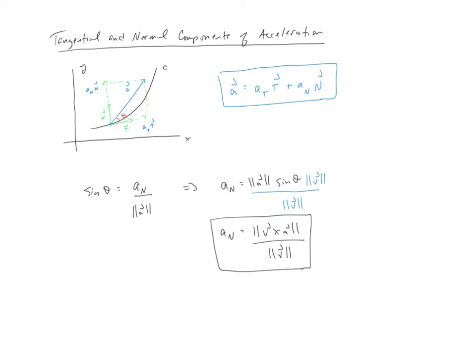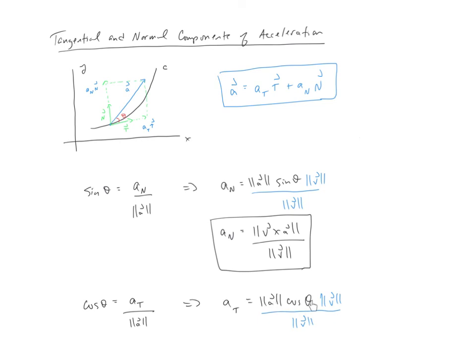Now, to figure out what a sub t is, we're going to use that same picture, and we're going to look at cosine theta. So cosine would be this guy right here over this, and as we discussed, this would now be a sub t, and then over the magnitude of a. Applying the same logic as before, our a sub t would equal the magnitude of a cosine theta, and I will again multiply by the magnitude of v over the magnitude of v.